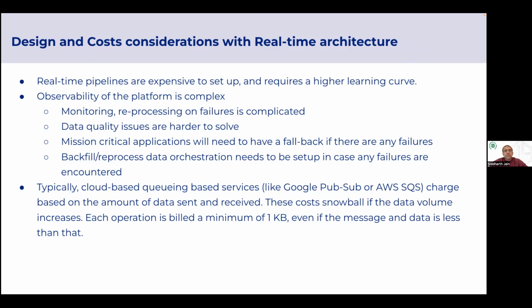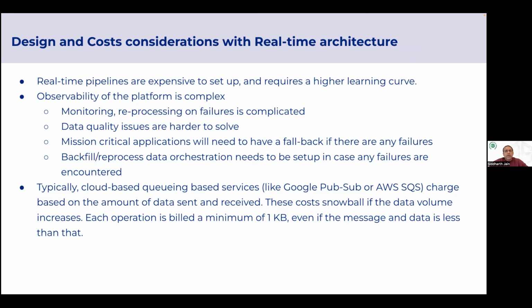Usually the tools and frameworks that make these real-time pipelines available are quite different, and you need to go through some sort of training, look at documentation, videos, and things like that. So that's one cost associated with real-time data pipeline development. Also, there are some design considerations that you need to make. For example, these pipelines run in a continuous fashion, and as a result, there is some complexity involved with it.